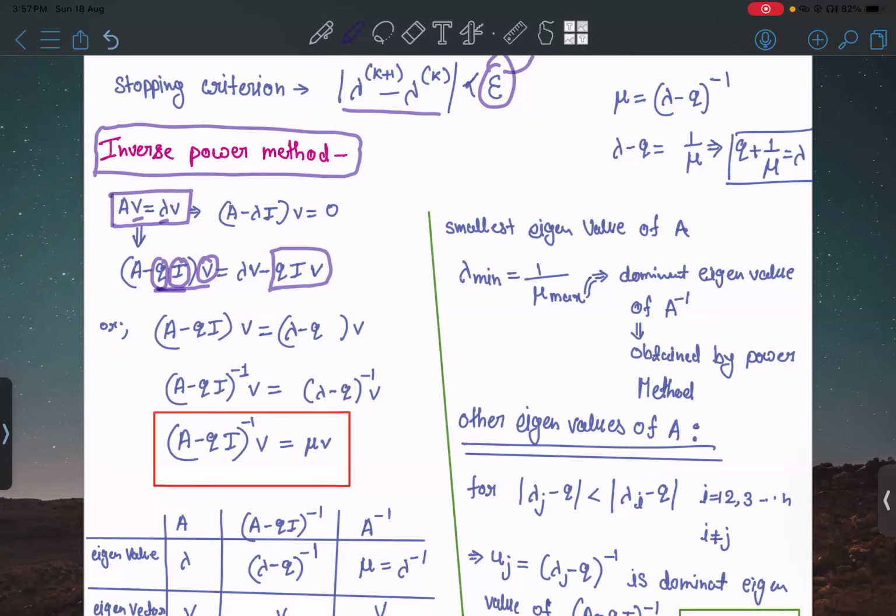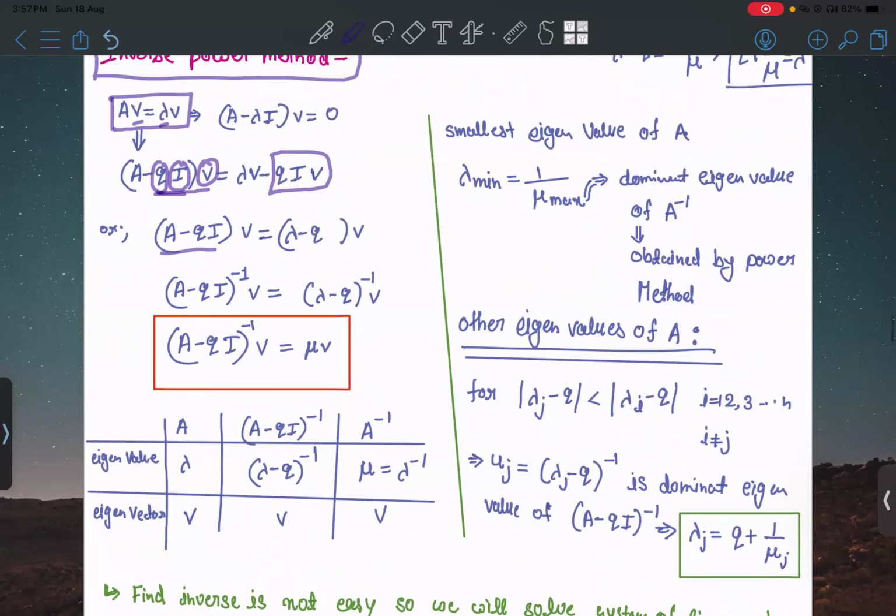This leads to A minus q I times V equals lambda minus q times V. This is now my square matrix, this is its corresponding eigenvalue, and V is the same eigenvector.